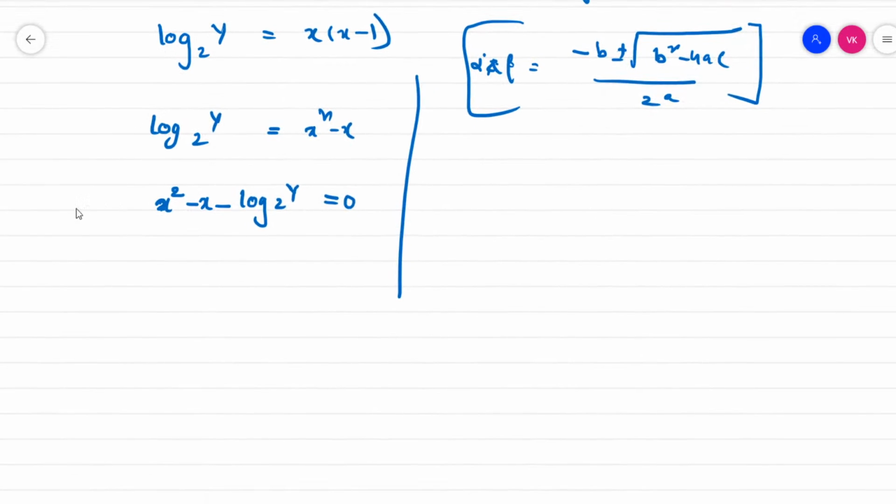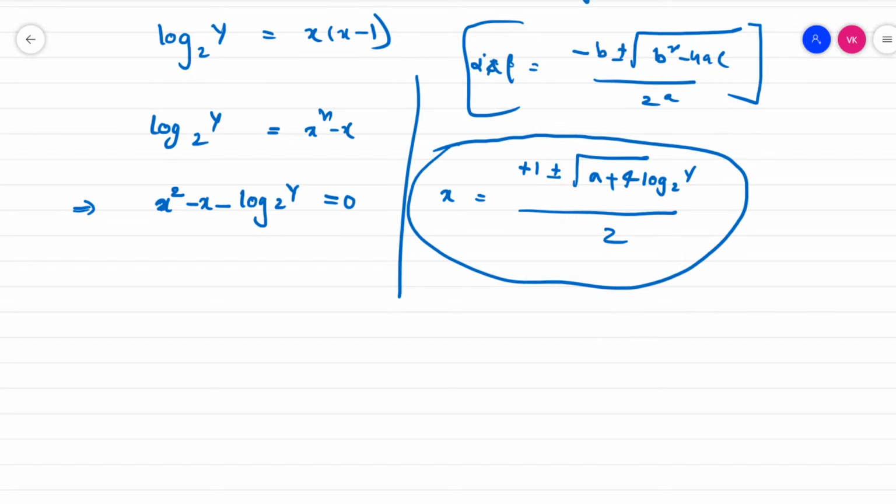So here the polynomial came like this, x square minus x minus log y base 2 is equal to 0. So while applying the zeros, we will get x is equal to 1 plus or minus root of 1 plus 4 log y base 2, by 2.